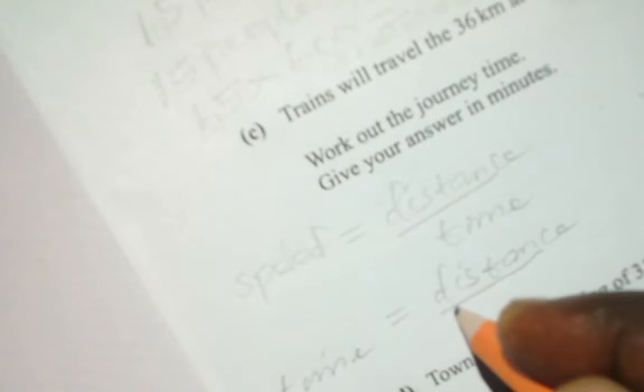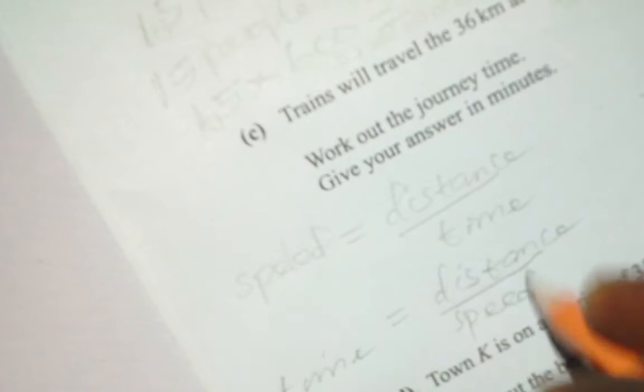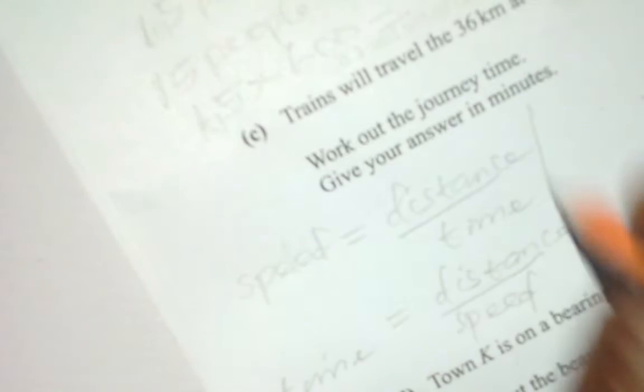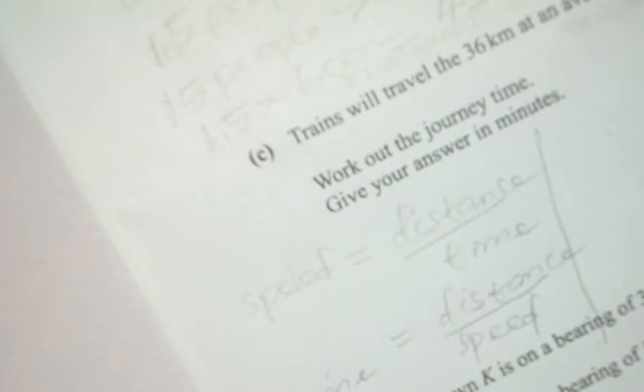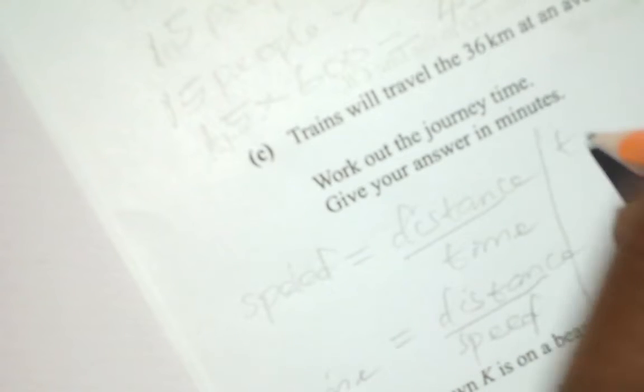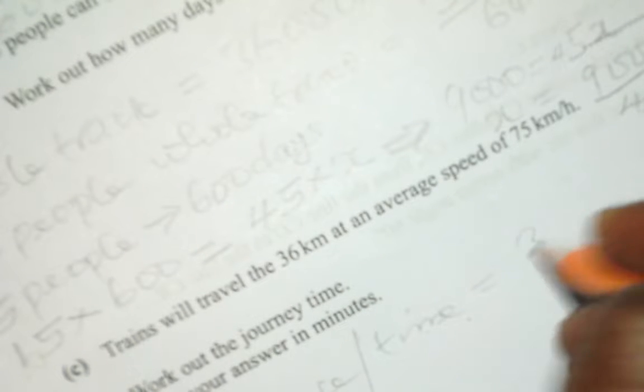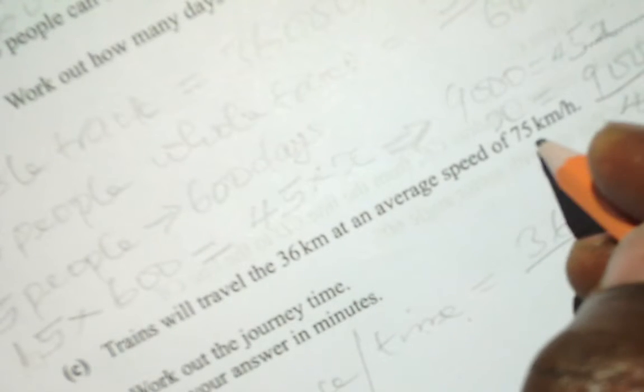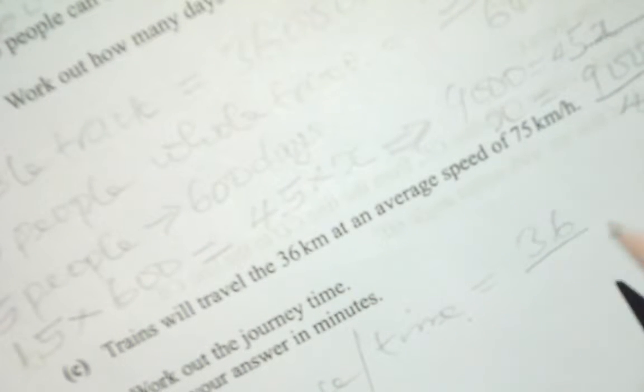Distance over speed will give us time. And what is distance here? The distance is 36 kilometers. That means time is equal to 36 divided by speed, which is 75 kilometers per hour.